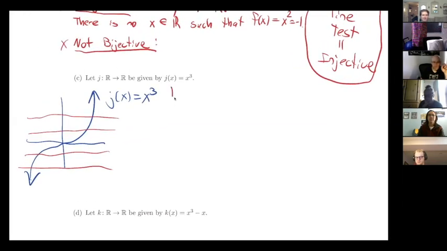But let's think about how we can prove this a little more formally. So that picture definitely is good, and if you've got a picture, you can kind of refer to it in a proof. But if we want to check injective, so let's say we want to prove that this function is bijective. So that would involve us showing two parts.